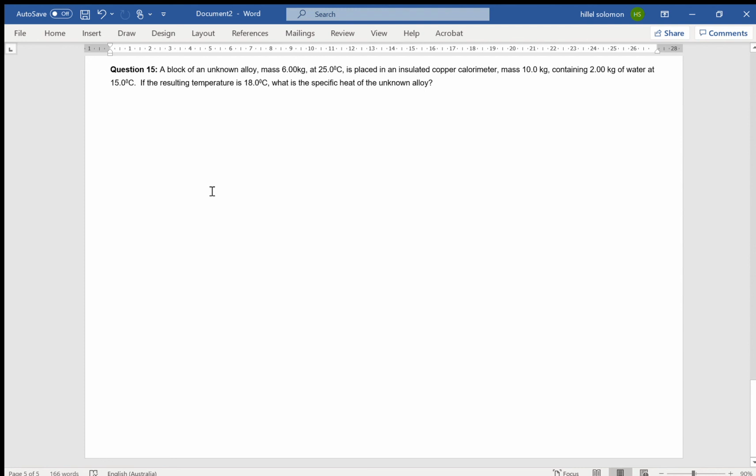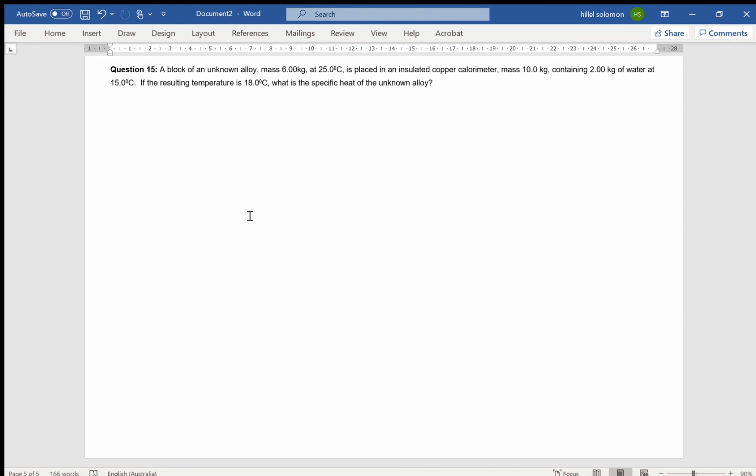If the resulting temperature is 18 degrees Celsius, what is the specific heat capacity of the unknown alloy? Okay, so this is like a copper calorimeter situation, but the opposite to the one we did in class. So instead of putting ice into the calorimeter and using the water to heat it up, we're putting a metal into the calorimeter and using the water in it to cool it down.